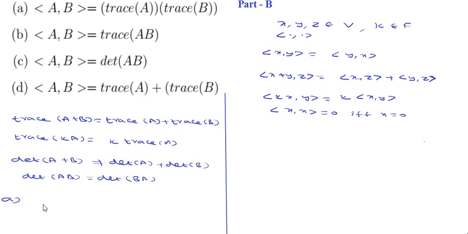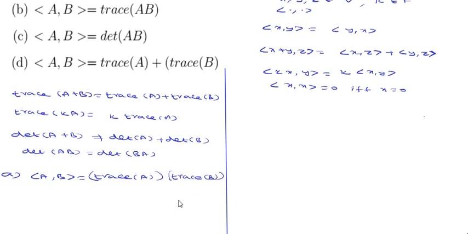So the first option says that the product <A, B> is equal to trace of A into trace of B is an inner product. This we have to check. So we will check the properties one by one.